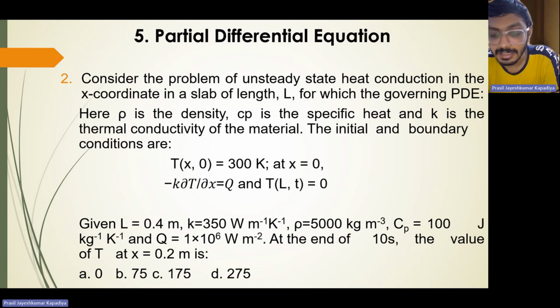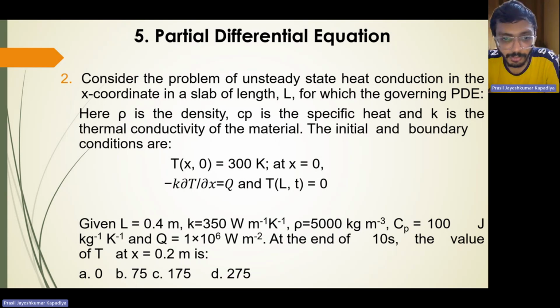Here rho is the density, Cp is the specific heat, and K is the thermal conductivity of the material. The initial and boundary conditions are given as T at any x, for time t equal to 0, is 300, and minus K del T del x is equal to Q, and T of L comma t is equal to 0.